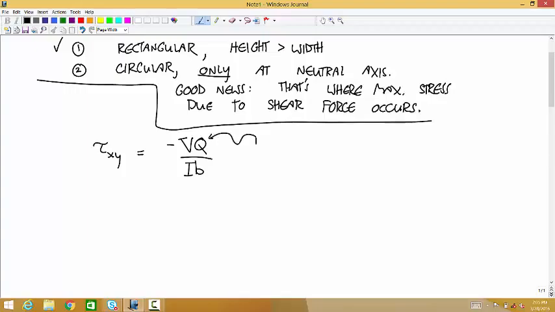Q we can figure out because this is the area that we care about, and this is the distance in every case because we're never looking at any other locations.